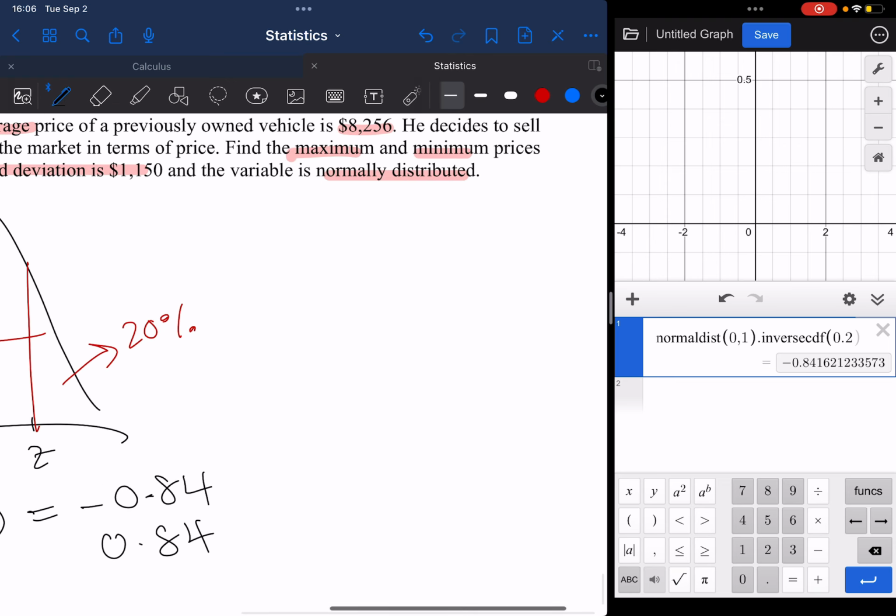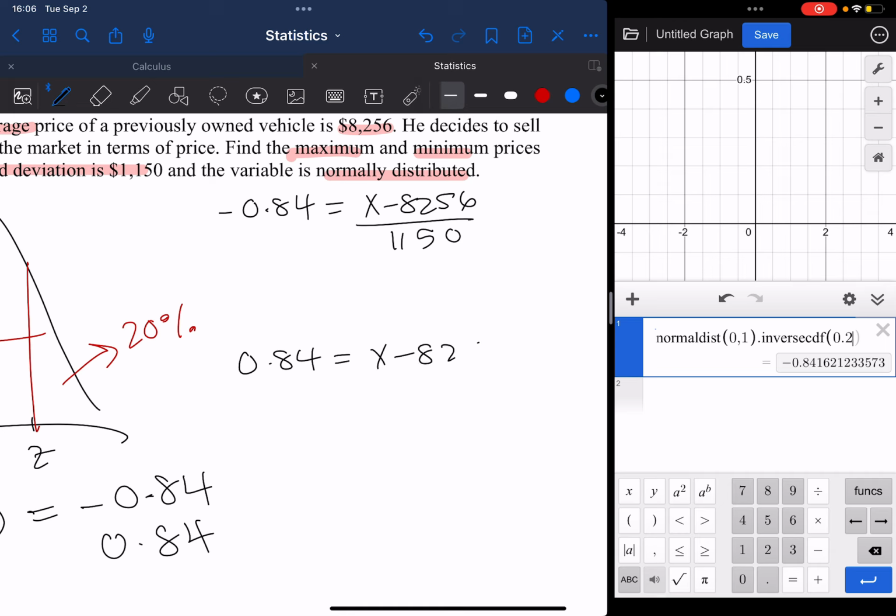Okay, so doing that, I'm going to have negative 0.84 equal to x minus 8,256 over 1150. And then 0.84 equal to x minus 8,256 over 1150.